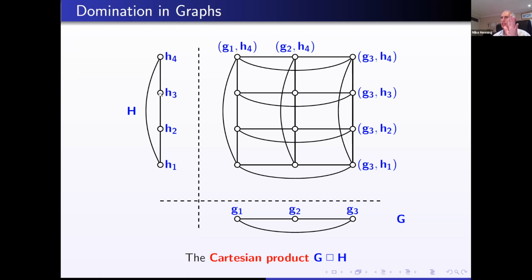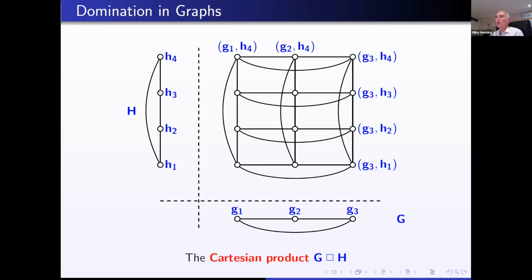If I give you 2 complete graphs, or any 2 graphs, what is the domination number of the Cartesian product? So here's a graph. Let's take G a complete graph on n vertices, and take H as a complete graph on n vertices. There are n vertices in H, n in G, and they're both complete. Look at the Cartesian product.